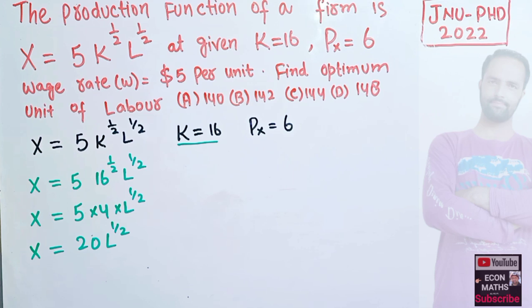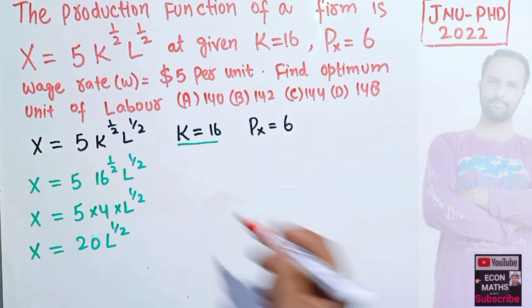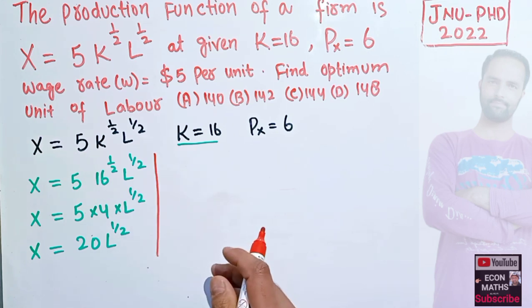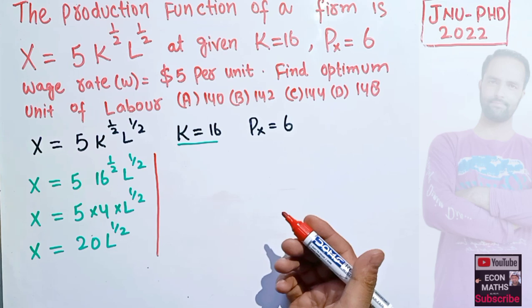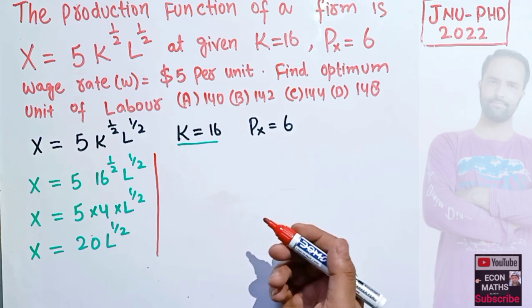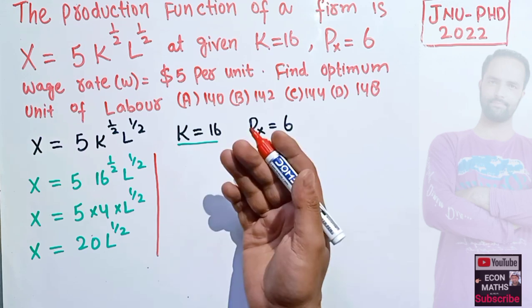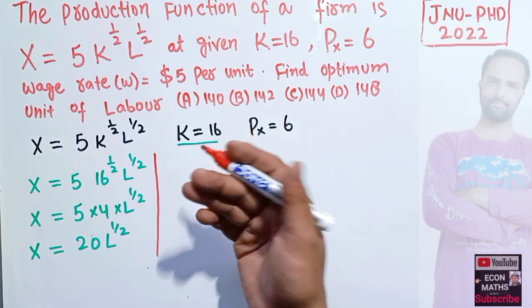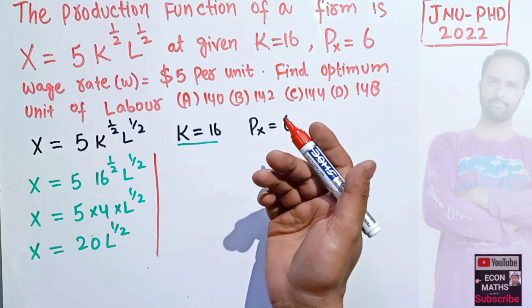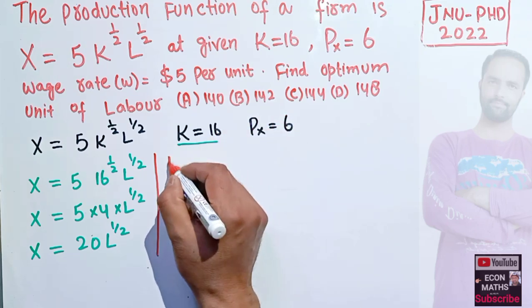Okay, next thing is, what is the condition for employing the labor, the optimum units of labor? It is simple. To maximize profit, a manager will hire labor until the value marginal product of labor is equal to wage rate. That means, let me write it here.